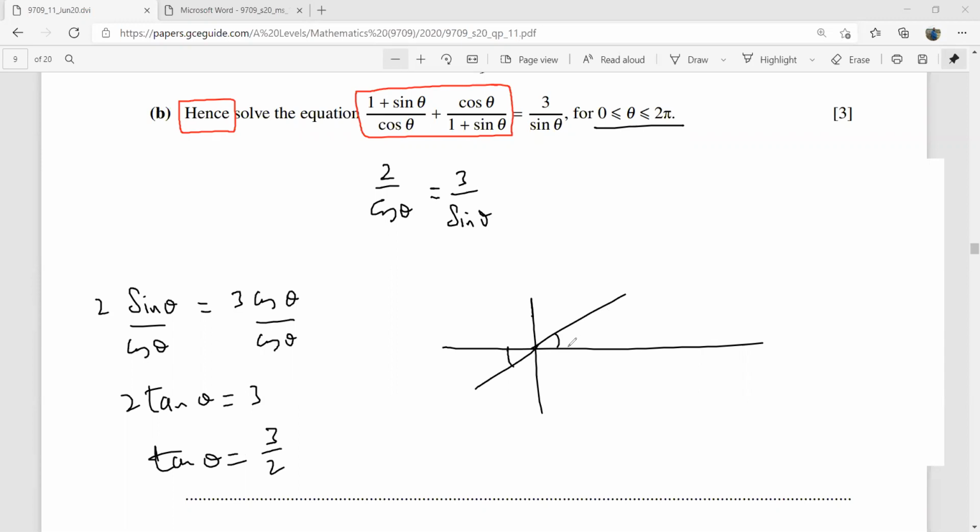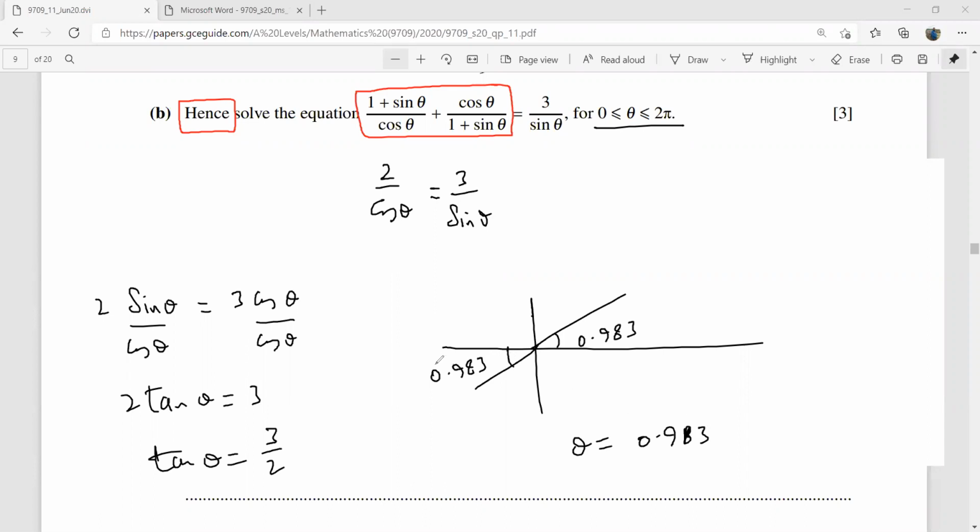Radians. Yeah. 0.983. So your theta is 0.983.